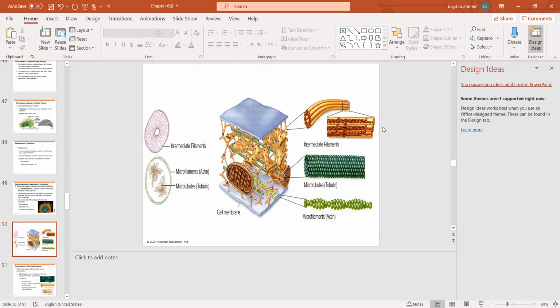We have three main types of fibers that make up the cytoskeleton. We have microtubules, built from the globular protein tubulin, we have microfilaments, built from actin filaments, and we have intermediate filaments.